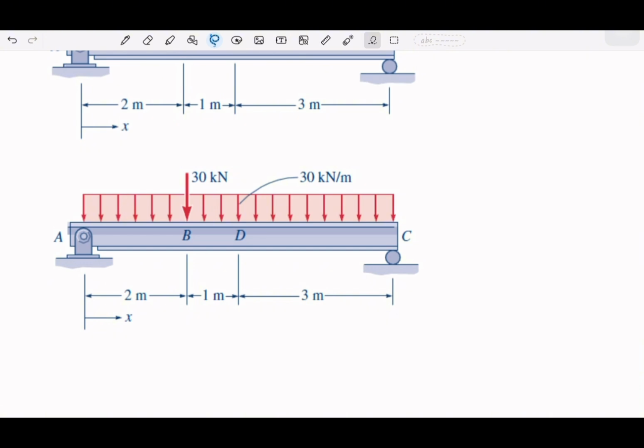We have the external load of 30 kilonewton. We have 30 kilonewton per meter distributed load, and the total length is 6 meters. So precisely at the middle of this beam, we have the concentrated load of 30 multiplied by 6, which is 180 kilonewton. Okay, that's at the beginning.